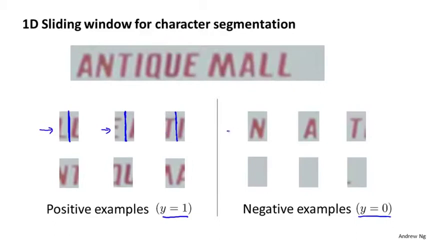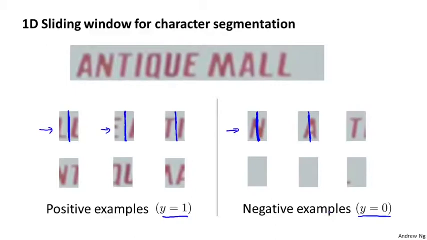Whereas the negative examples, you don't want to split two characters like that, because they don't represent the midpoint between two characters. So we would train a classifier, maybe using a neural network, maybe using a different learning algorithm, to classify between the positive and negative examples.